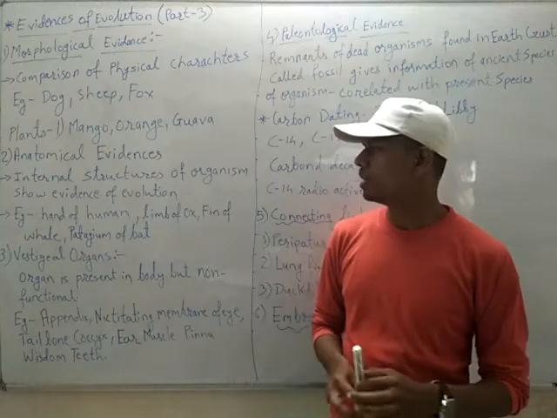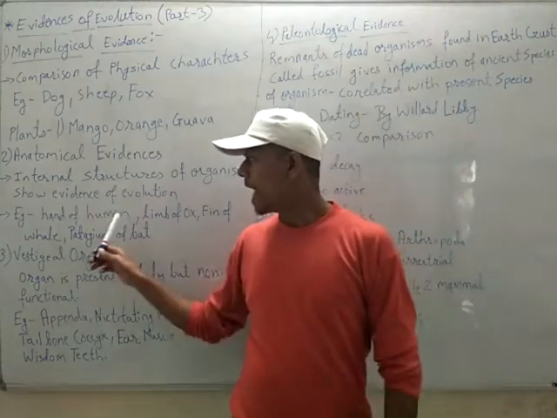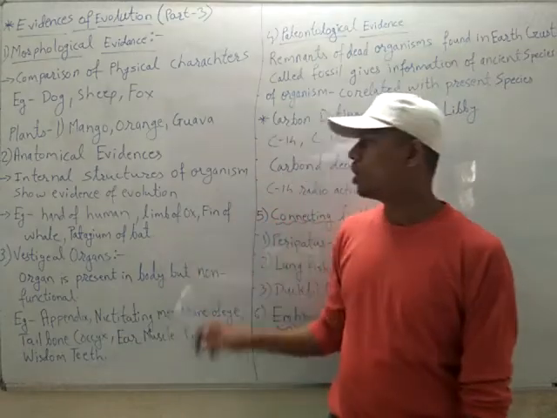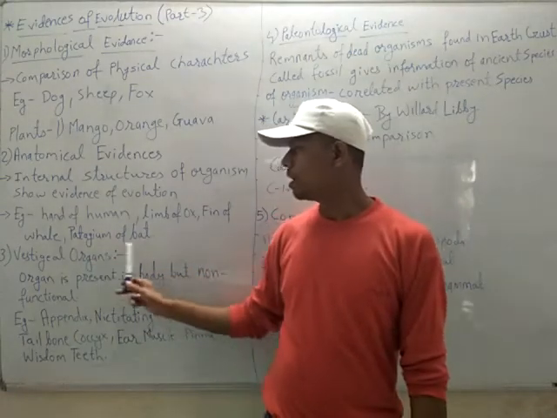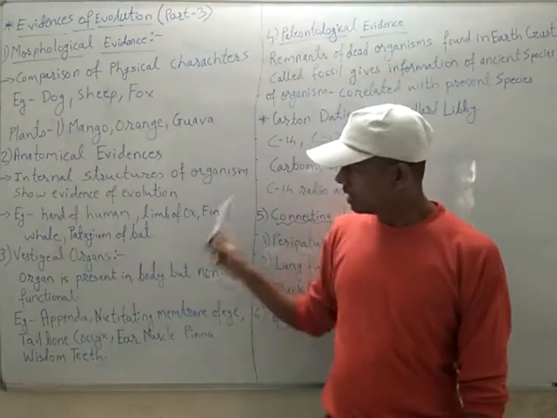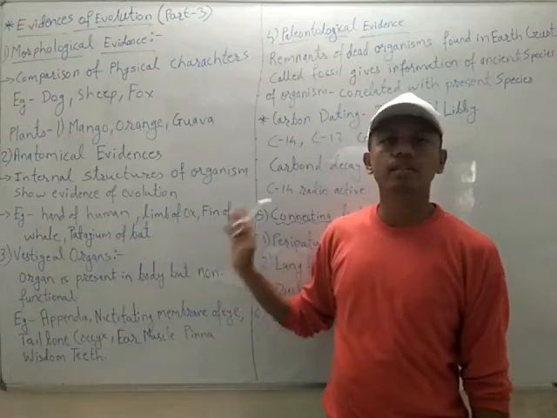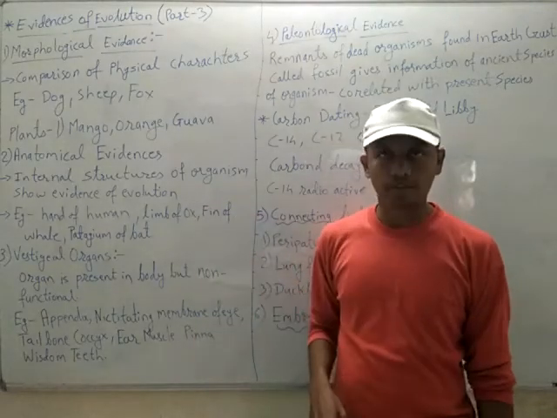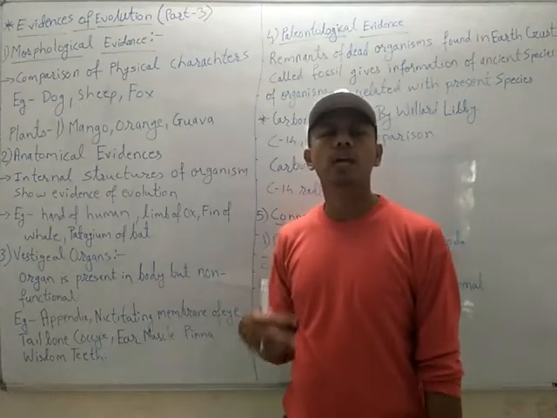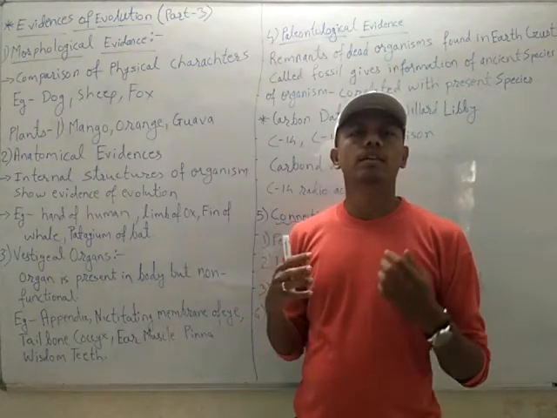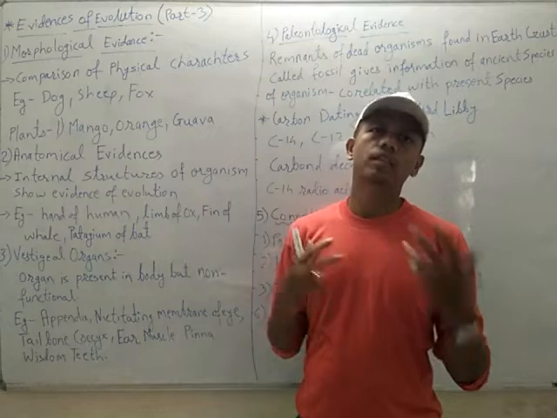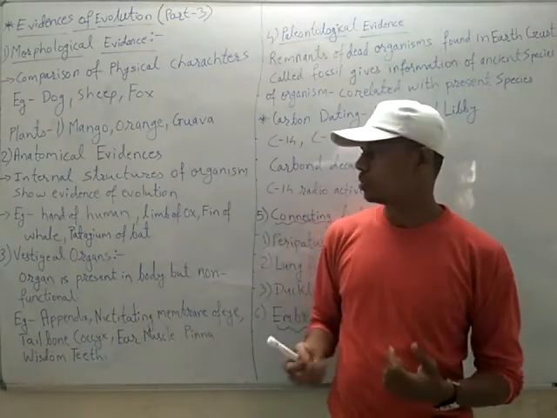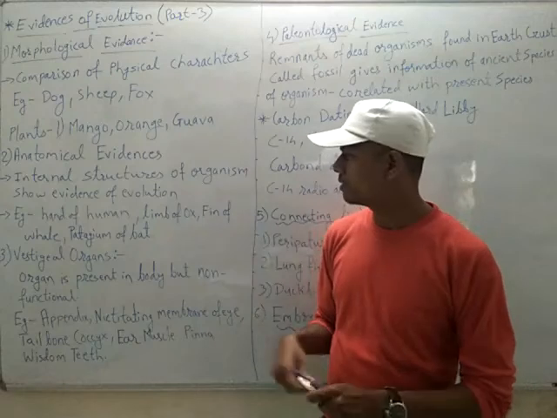So what I can find here is that the hand of the human, limb of the ox, fin of the whale, and patagium of the bat are the organs of different organisms, and they perform different functions. Humans use the hand for eating, for taking support, for picking up any object, and many more things. So it can be used for many more purposes.